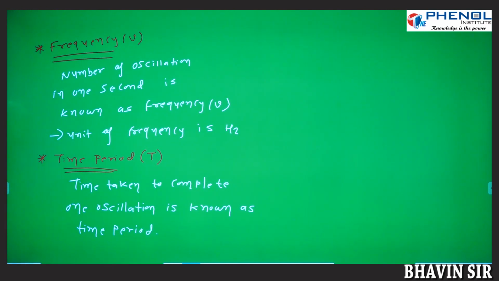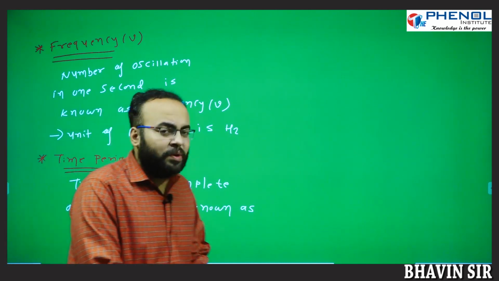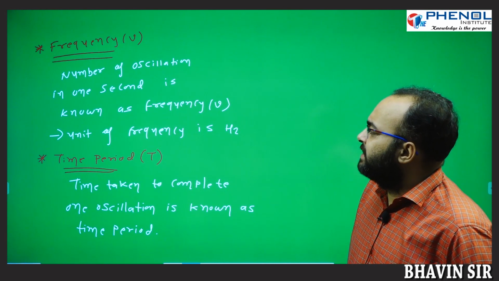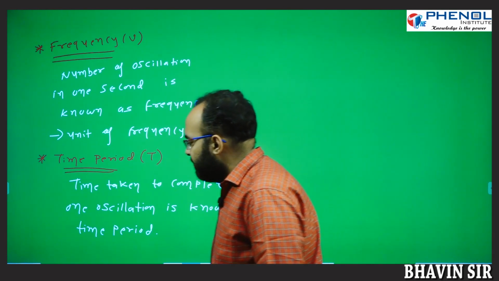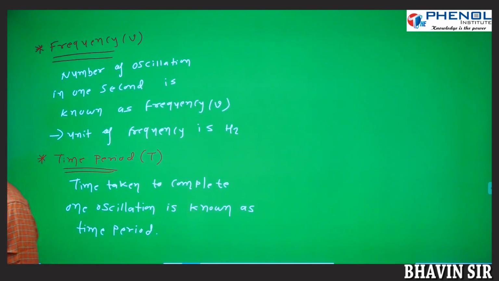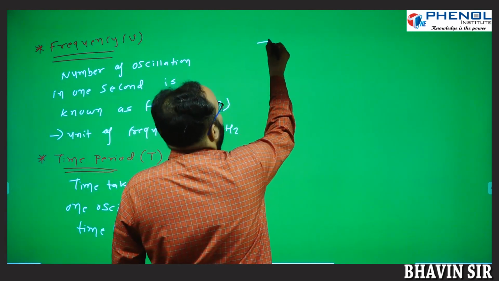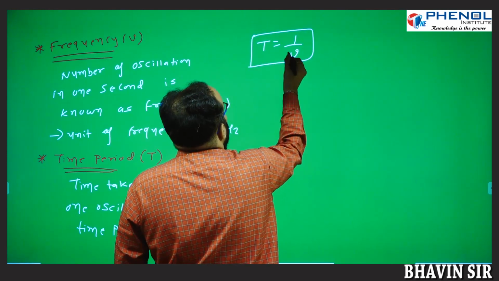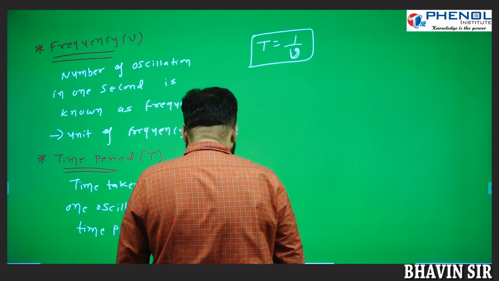Frequency means the number of oscillations in 1 second. Time taken to complete one oscillation is the time period. And time period is 1 by nu, the reciprocal of frequency.